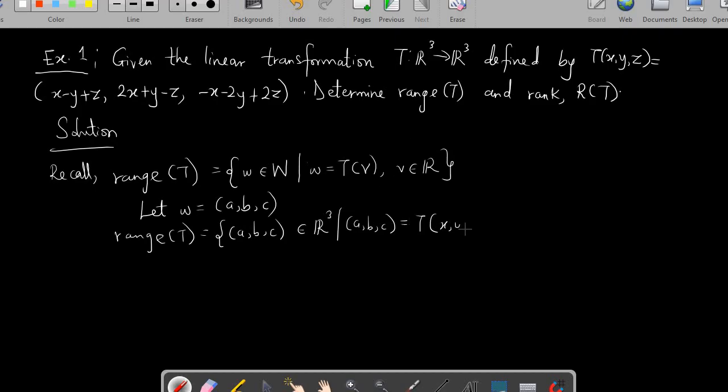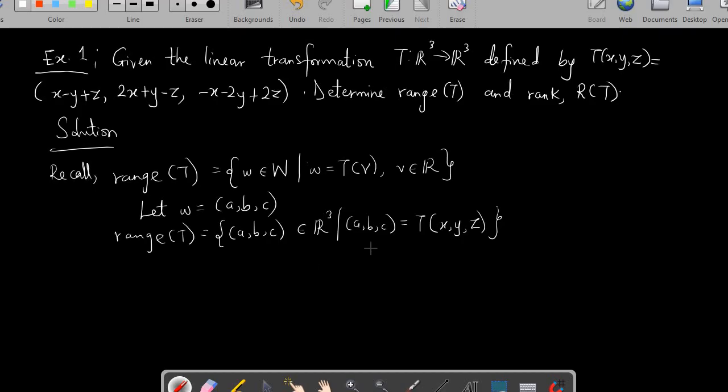X comma Y comma Z. I believe you understand that. This guy here is your V, and then you close your brackets. Now this is what we want to solve.